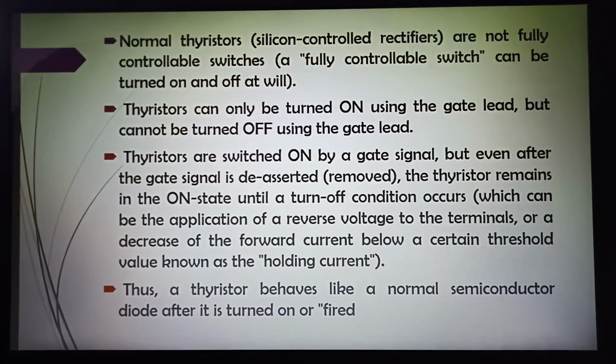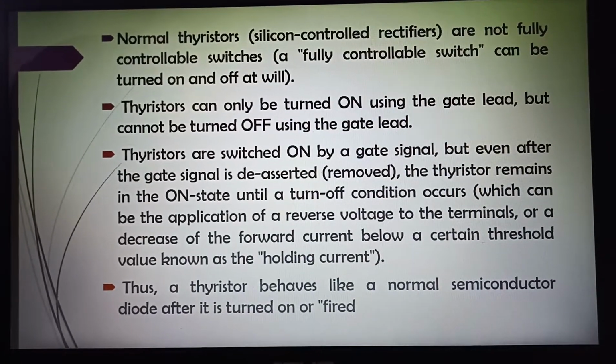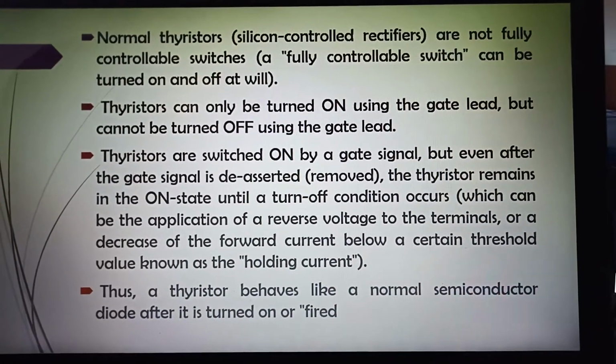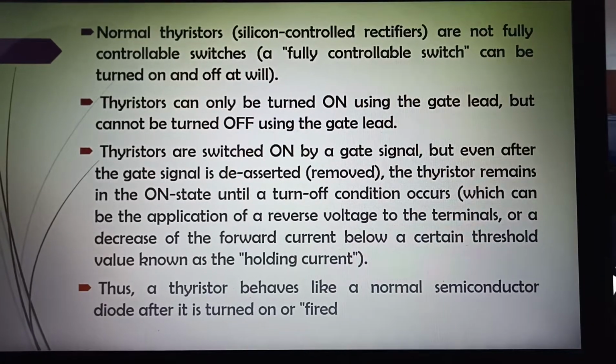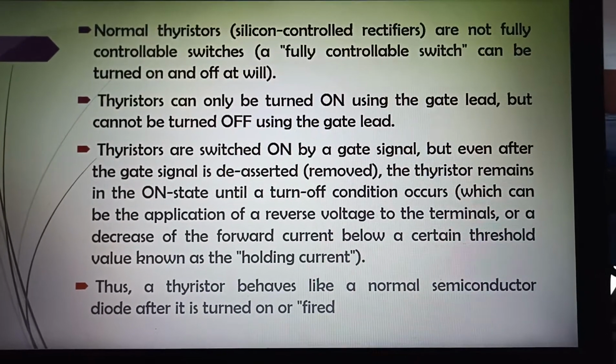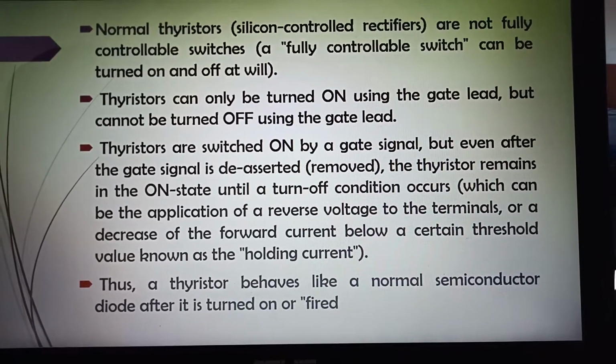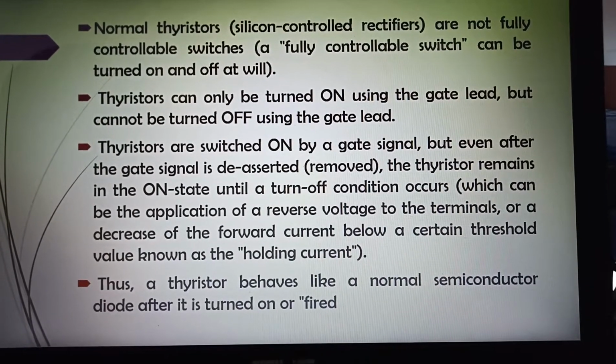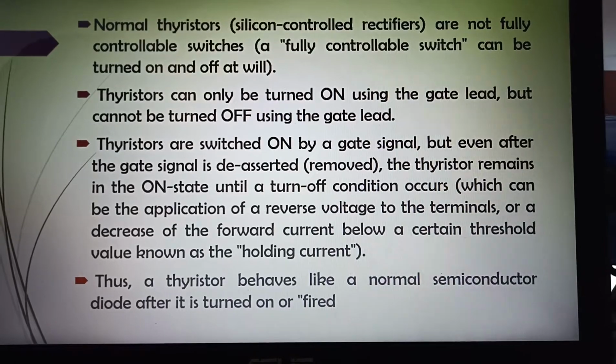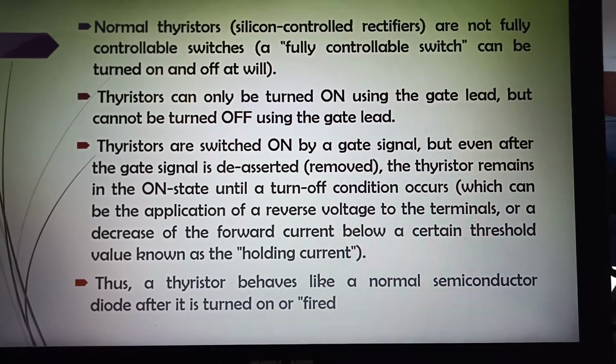Normal thyristors, silicon controlled rectifiers, are not fully controlled switches. A fully controllable switch can be turned on and off at will. A thyristor can only be turned on using the gate lead, but cannot be turned off using the gate lead.